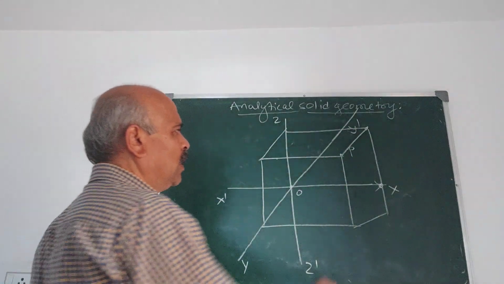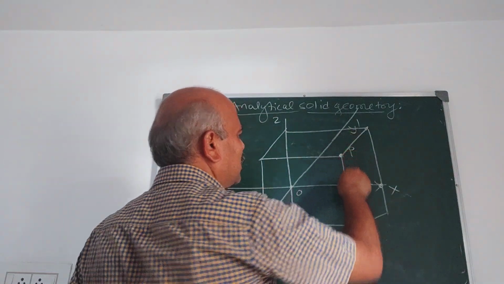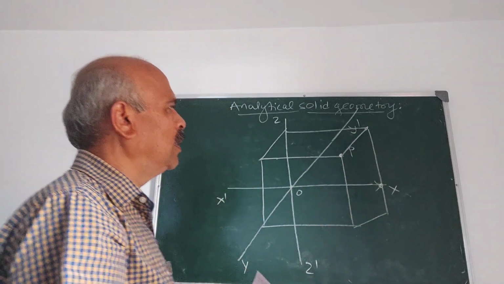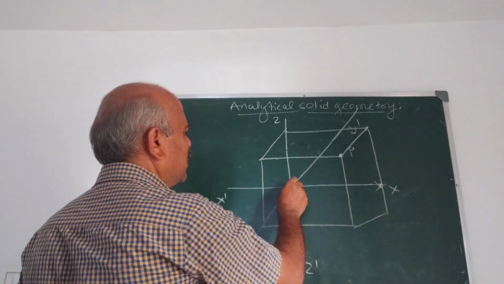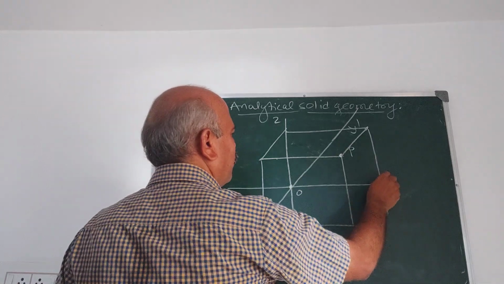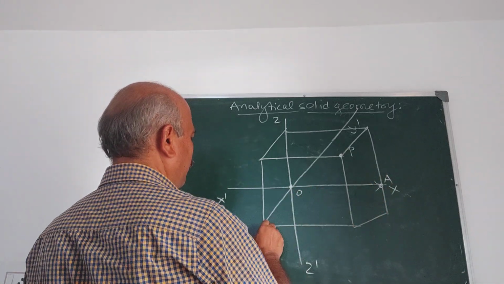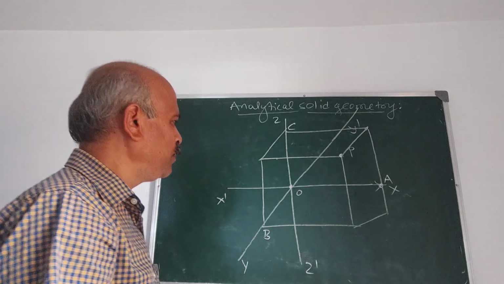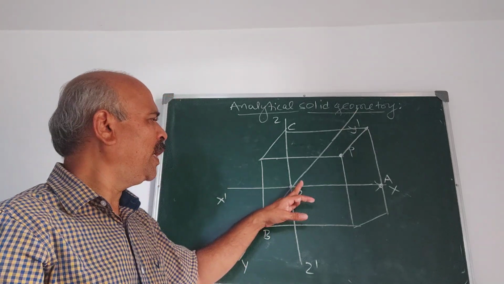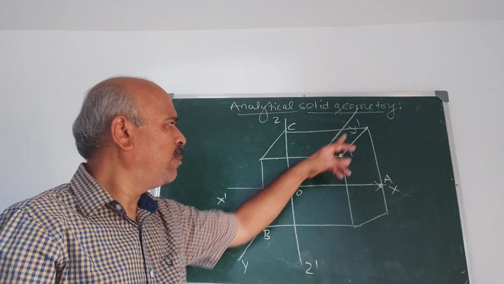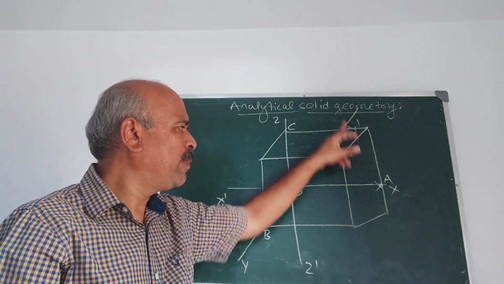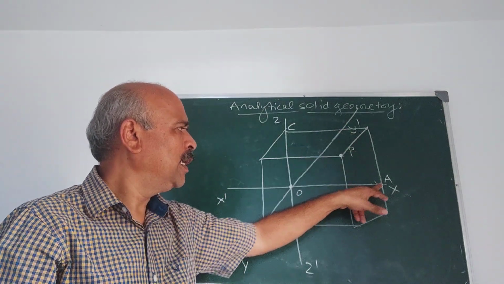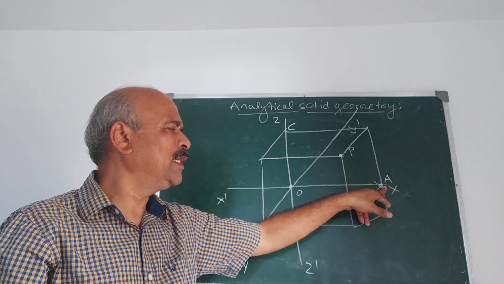Now, these distances OA, OB, OC, correct? They are the points where the planes drawn perpendicular to the coordinate axes meet the axes.